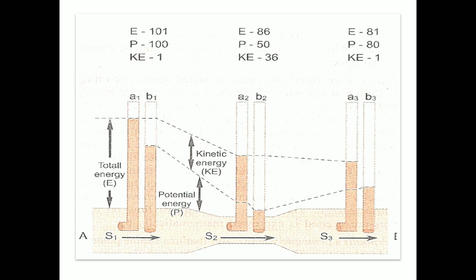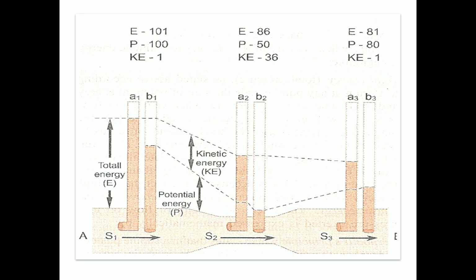So what will happen to total energy, what will happen to kinetic energy, what will happen to potential energy? The first scenario is pre-stenosis. You are inserting two catheters or cannulas into the arterial system.